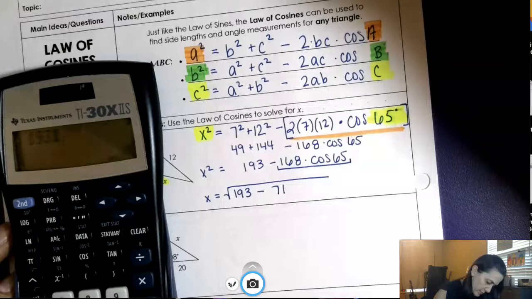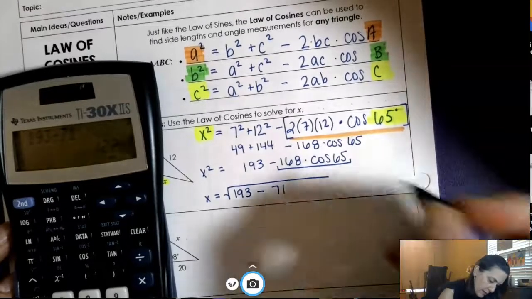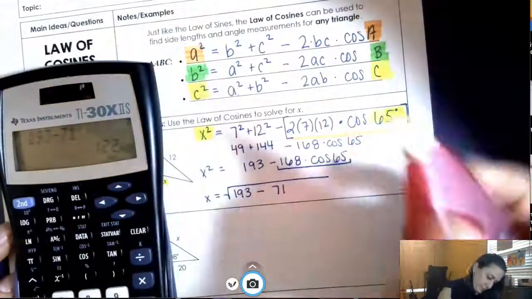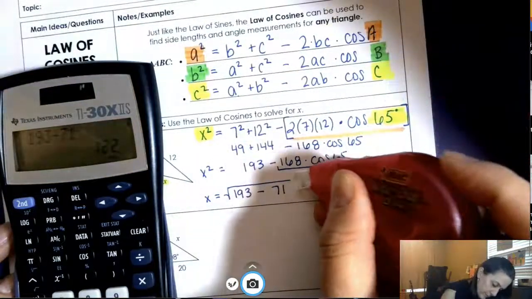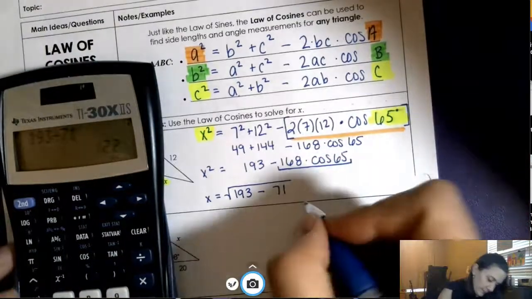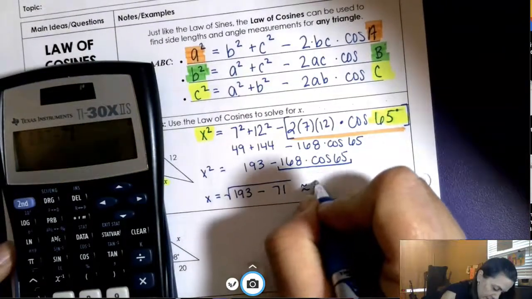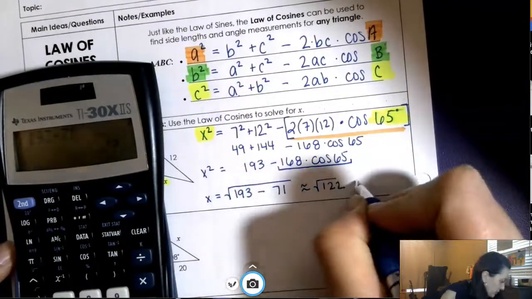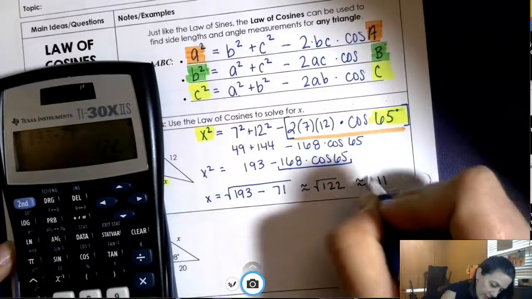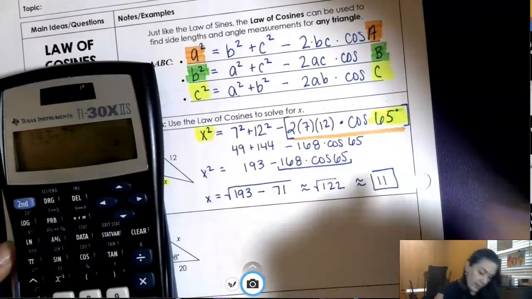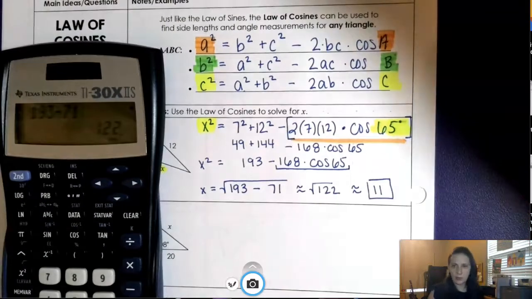So 193 minus 71, you get 122. Square root of 122, which is approximately 11. So it's a little bit tricky. See if you get those when you plug that in your calculator.